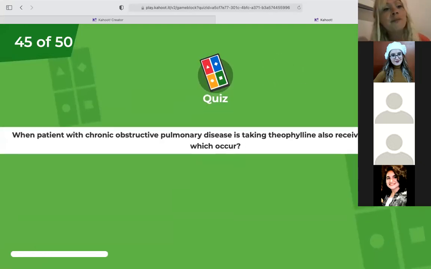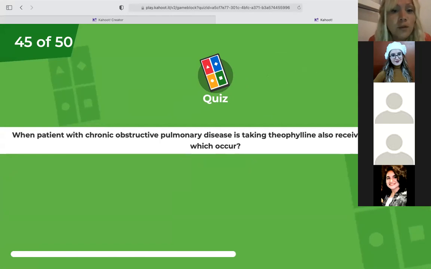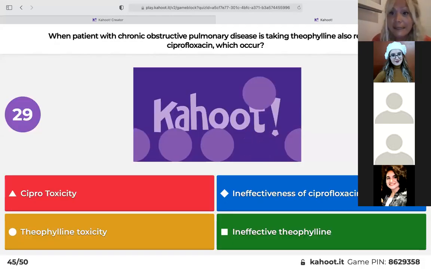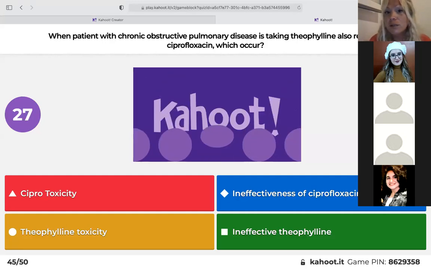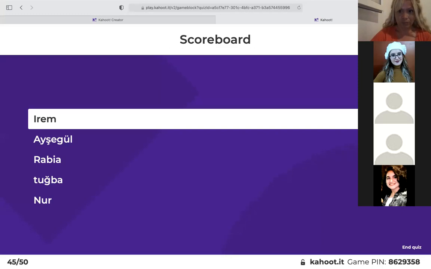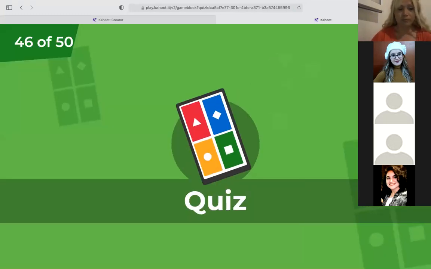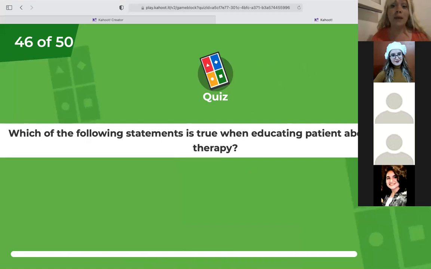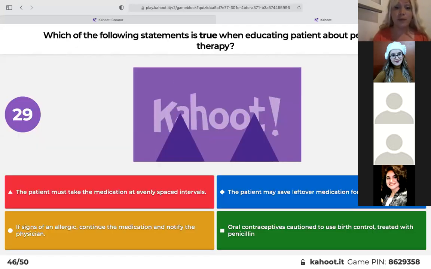Last 4 minutes. When a patient with chronic obstructive pulmonary disease is taking theophylline and also receives ciprofloxacin, which occurs? Which of the following statements is true when educating patients about penicillin therapy?